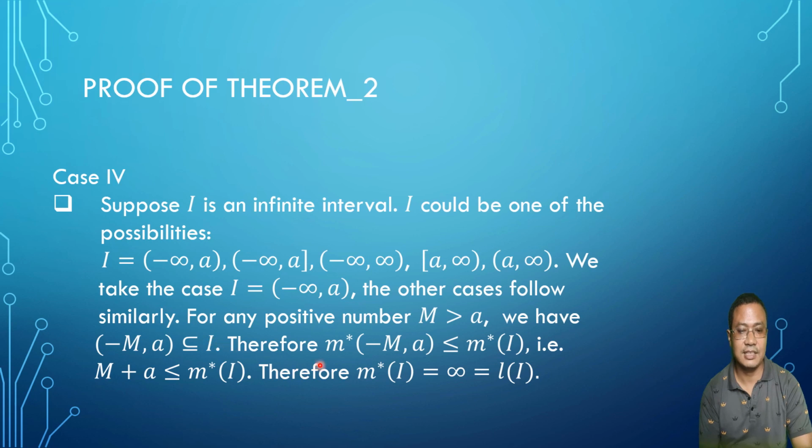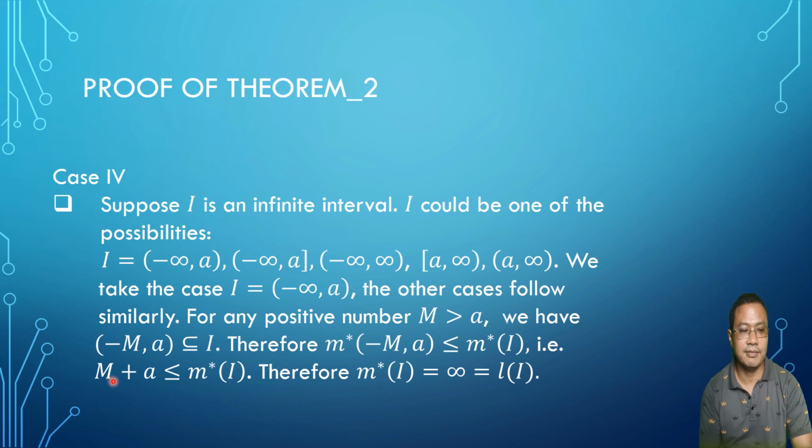So the outer measure of (minus m, a), this is going to be a finite interval. For a finite open interval we have proved what the outer measure is, that is the length of the interval, that is a plus m. So a may be any negative number or positive number, but here you are adding any big positive number.